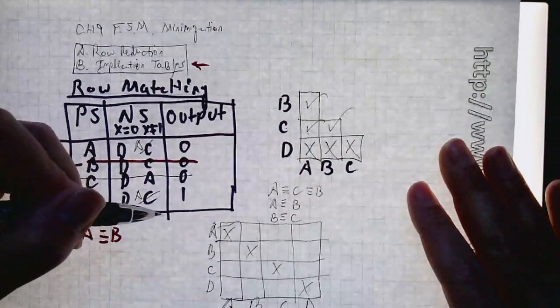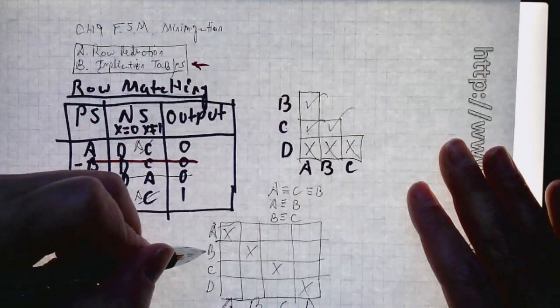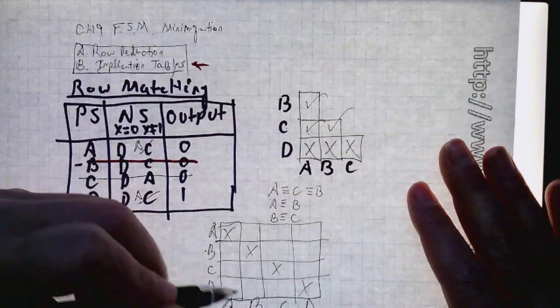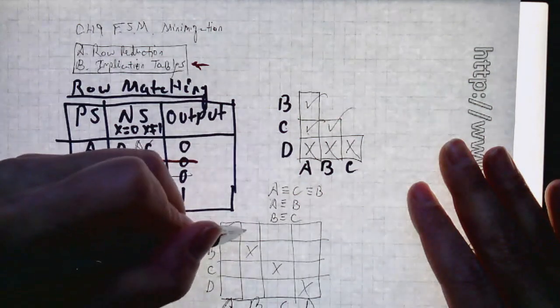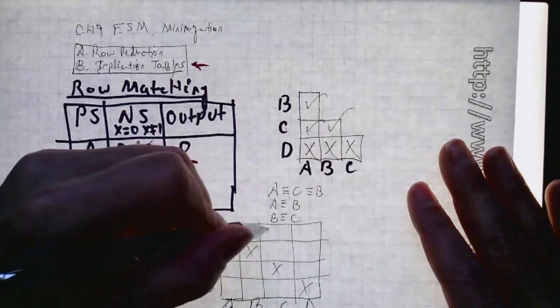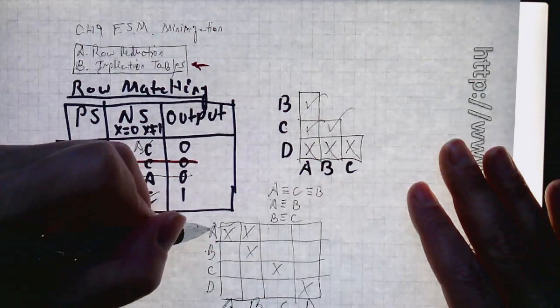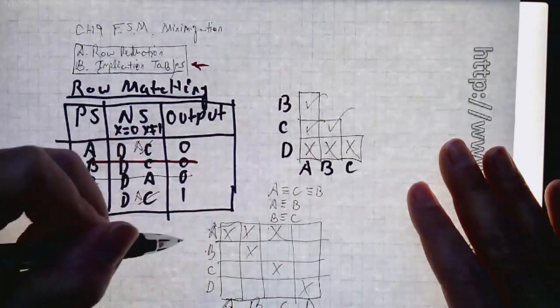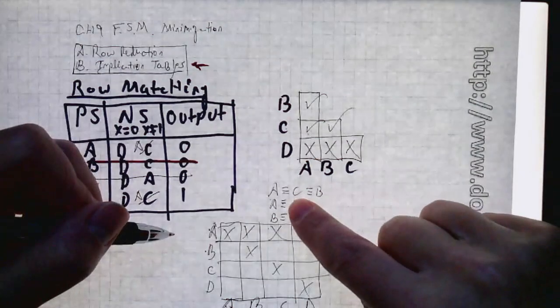Moreover, if I'm going to compare A to B, then I don't need to compare B to A, because that's already done. I don't need to compare C to A because I already have A to C. These equivalencies are two-way.